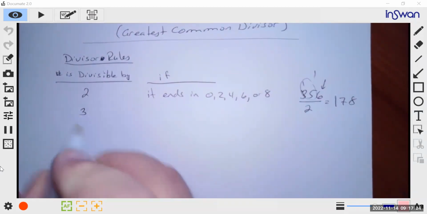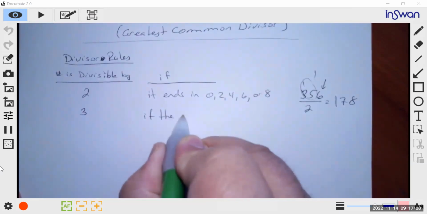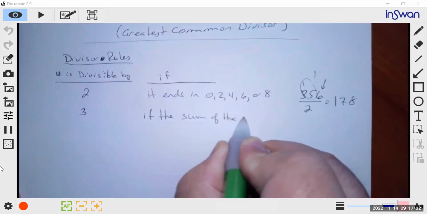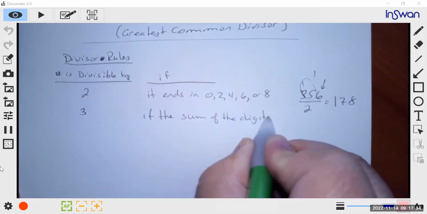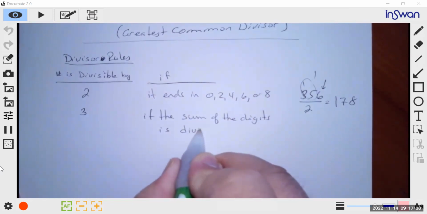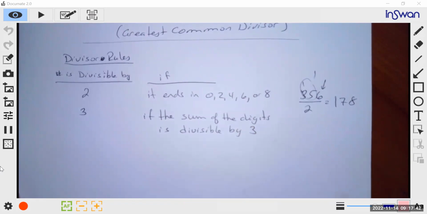A number is divisible by 3 if the sum of the digits is divisible by 3.